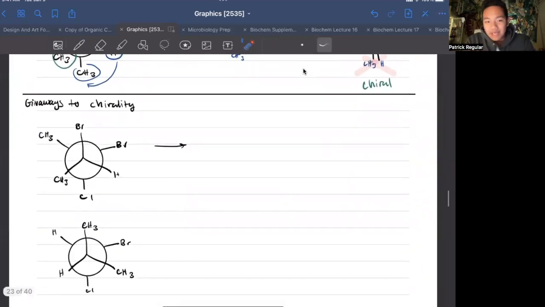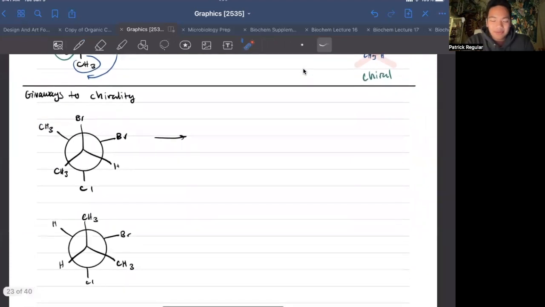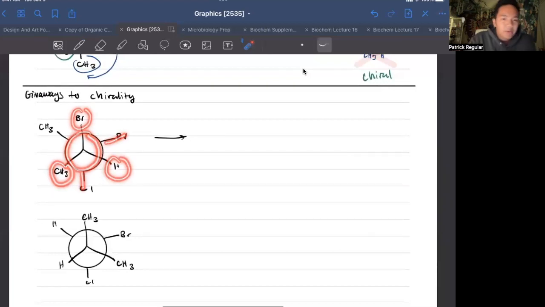Okay, so some dead giveaways if it's chiral or achiral. The first thing: you have groups that are not the same. So look at this first one. That hypothetical chiral carbon, that carbon that is connected to a CH3, that back carbon, which is connected to bromine and chlorine, a bromine and a hydrogen. It's connected to four different things.